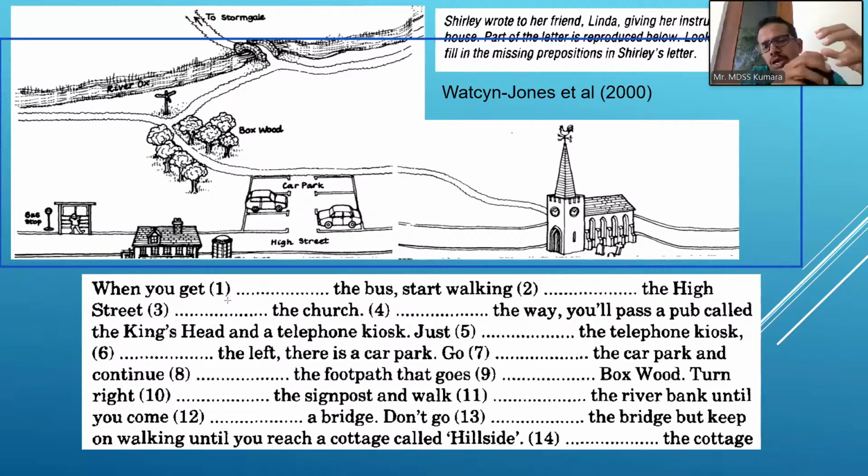So you have to basically look at the nouns coming after that. You can also read the information in the map. But sometimes you also have to look at the verbs used before that as well. Now, for example, the description begins as, when you get blank the bus, start walking.